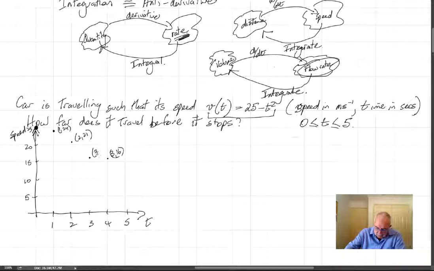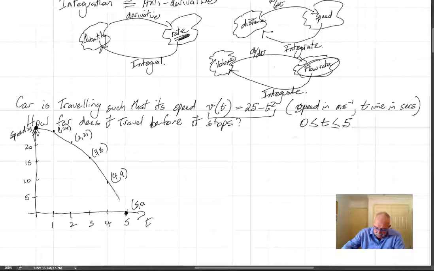So that's (3, 16). At t equals 4, 16 from 25 is 9. The next one across will be (4, 9). And the lucky last one is t equals 5. It's come to a stop down here. So that's (5, 0).